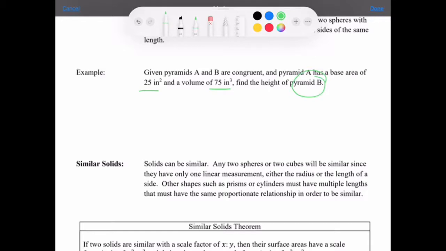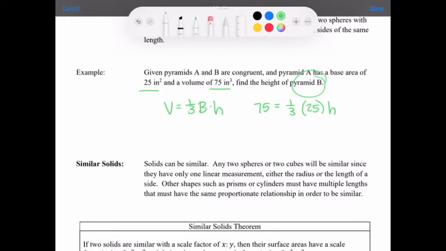So we know that they're congruent, so the height of A will be the same as the height of B. So let's find the height of A. Volume equals 1/3 base area times height. We know that the volume is 75, which is 1/3 times the base area, which they said was 25, times the height, which is what we're solving for.